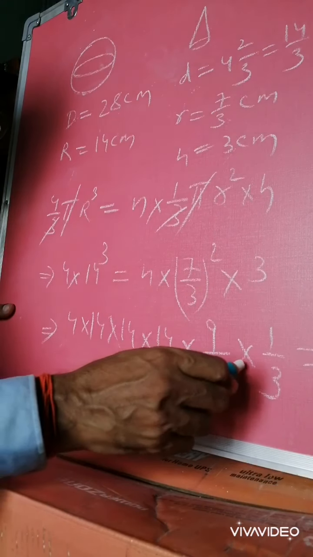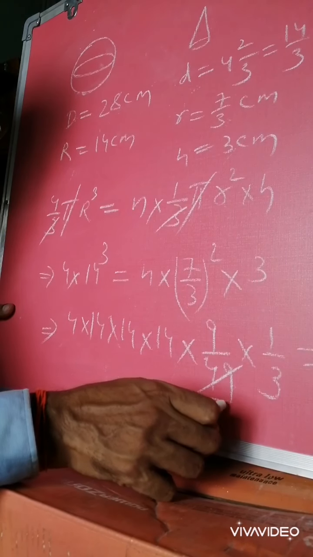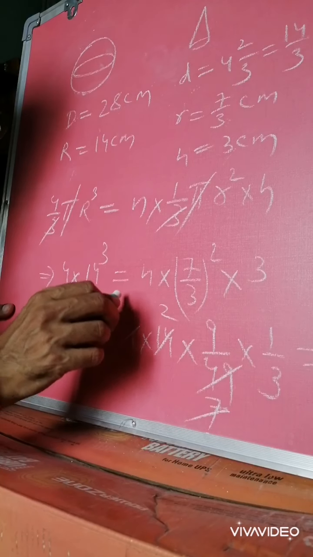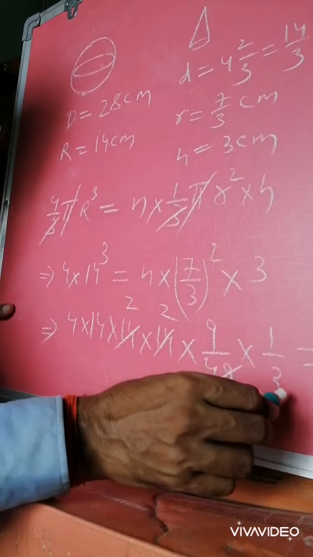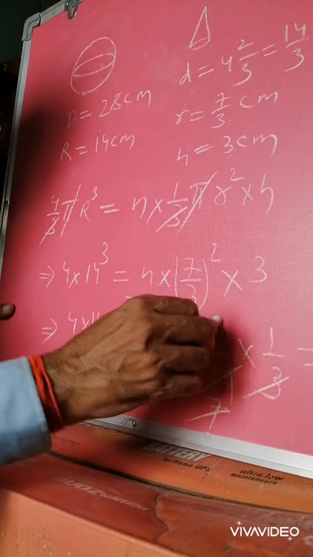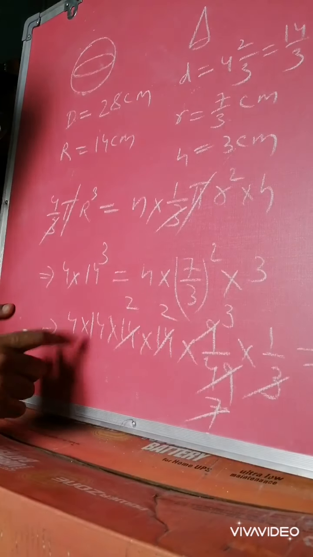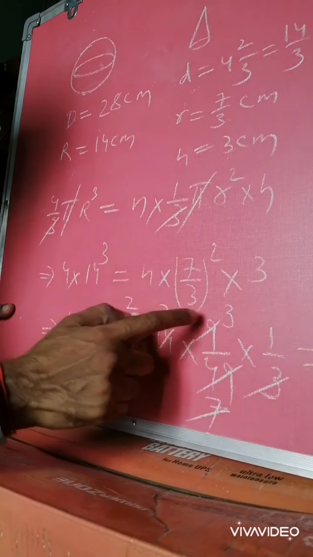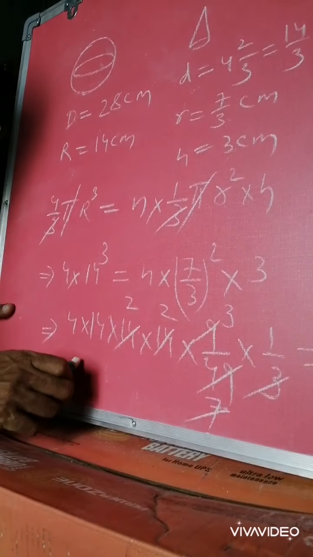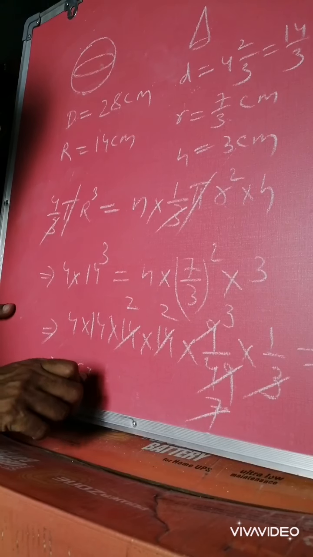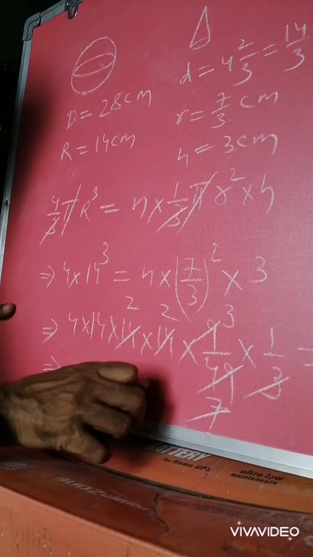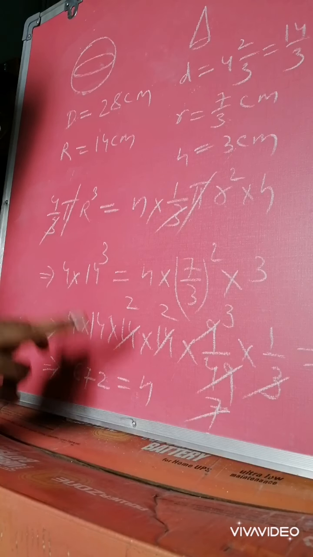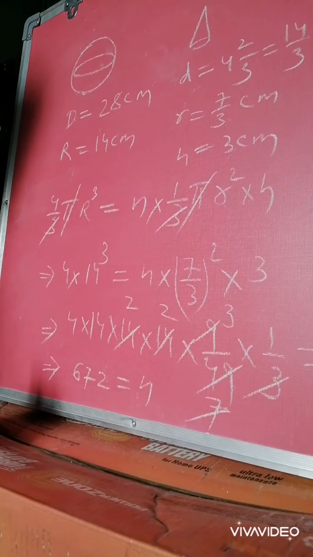Now cancel 7 times 7 is 2 times, again cancel 7 2 times, and cancel 3 with 3 times. So your answer will be 4 into 14 into 2 into 2 into 3, and that is 672, equal to n. That means 672 small cones can be formed.